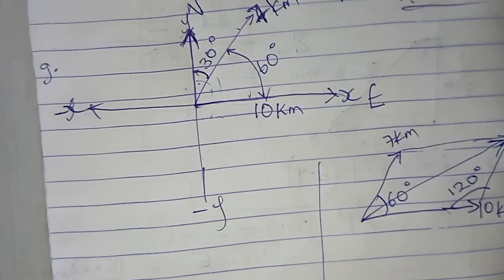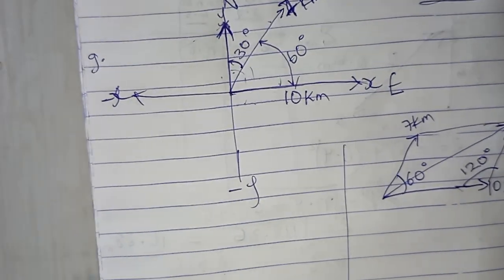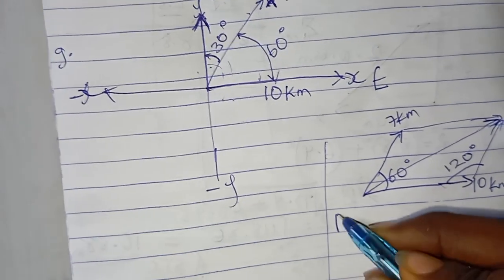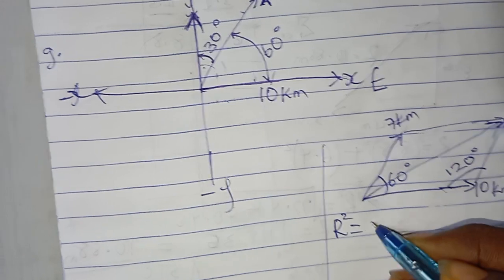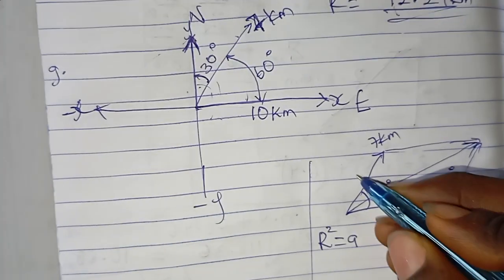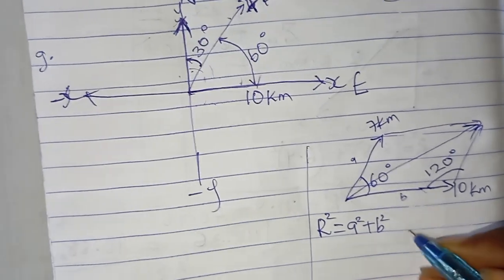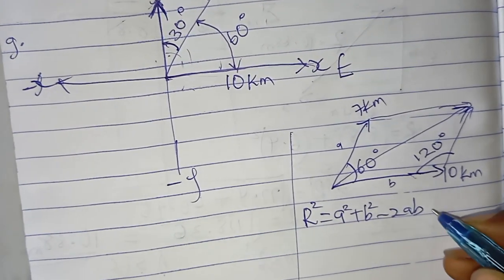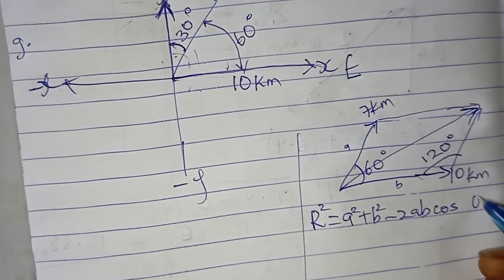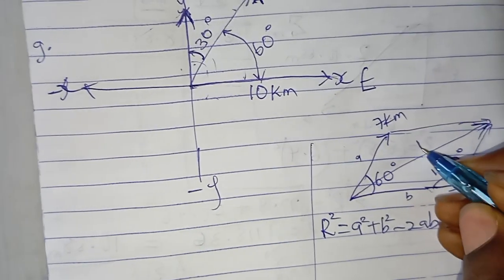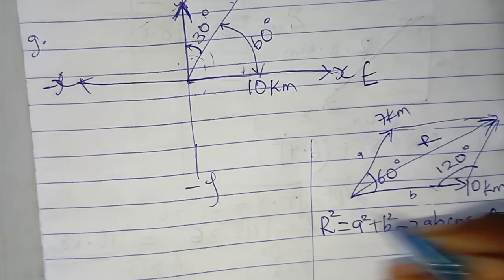Then we'll use this side for resolution. Once it's resolution you do x and y. So for cosine, I'll do R squared is equal to A squared plus B squared minus 2AB cos theta. Let's say I call this part A, and this side B. I remember I told you the angle you put here must be the angle facing the resultant. This diagonal gives you the resultant.